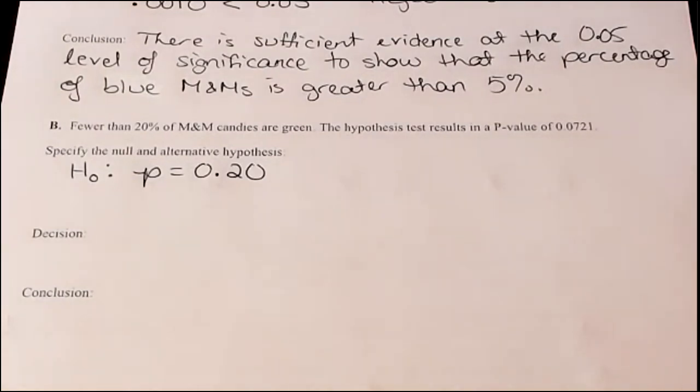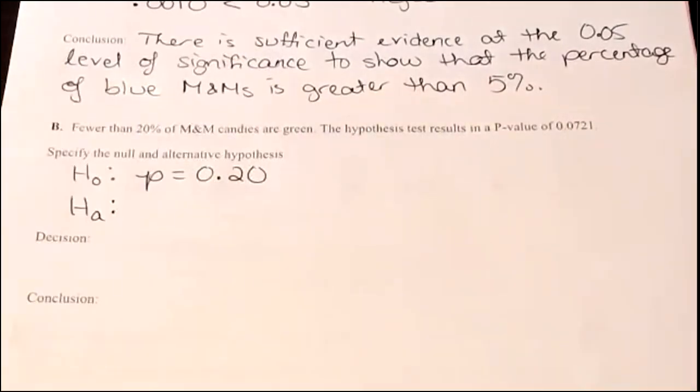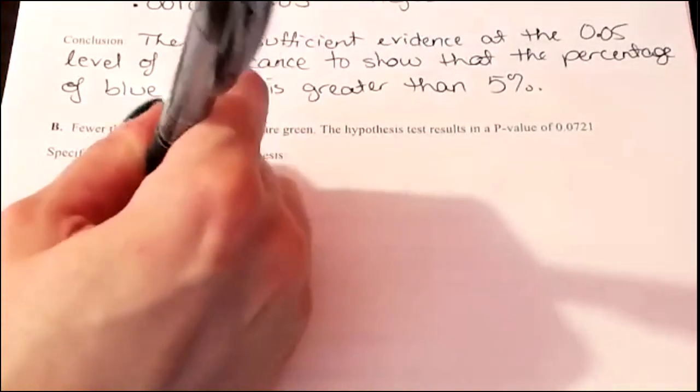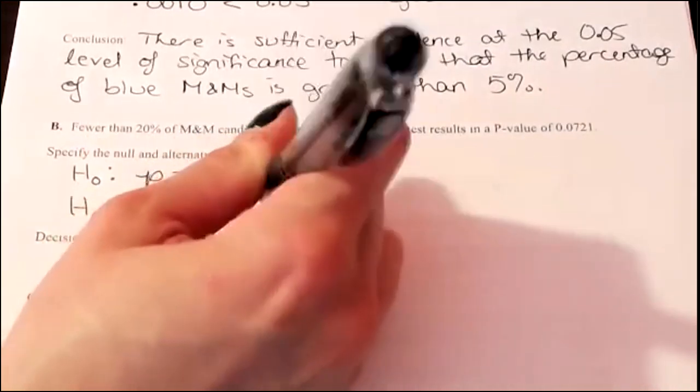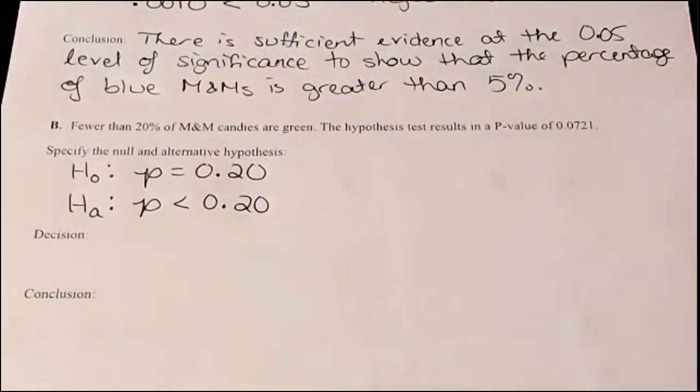Good, good. Now the alternative hypothesis, that's what we want to test. And then what you said, Sam, in that statement, that's where I'm going to write p is less than 0.20. Good, very cool. Remember the null hypothesis will always be that equals. It's a boring one. No difference. It's just is what it is. And remember, is in math means equals. Good.